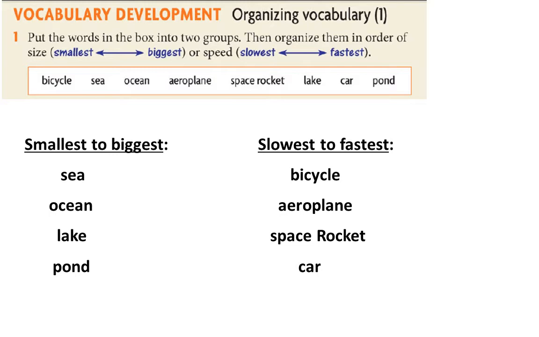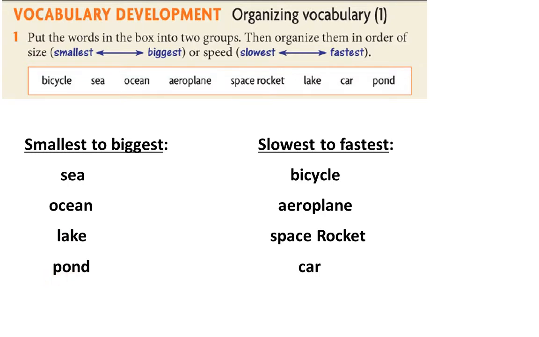The second request is organizing them in order of size or speed. Let's start with the first group. We have sea, ocean, lake, pond. Sea is smaller than ocean, and sea is bigger than lake, so lake is smaller. Lake is bigger than pond, so pond is the smallest.